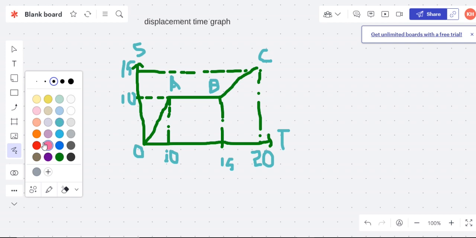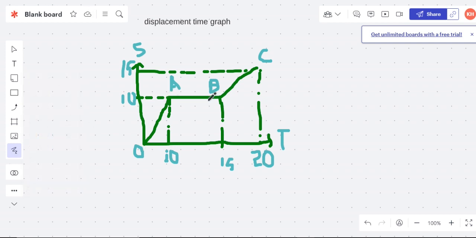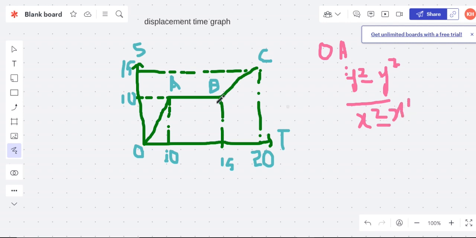Let's take a new marker for explaining. First of all, I'm going to talk about O and A. If we talk about the slope of OA, we are aware of the slope formula: y2 minus y1 divided by x2 minus x1. I told you this in the previous video.